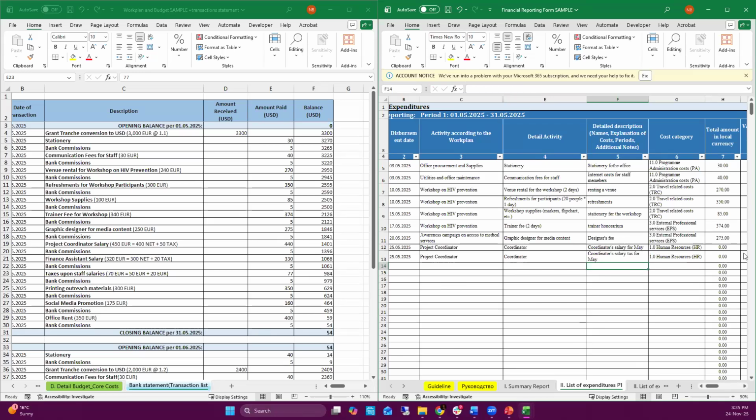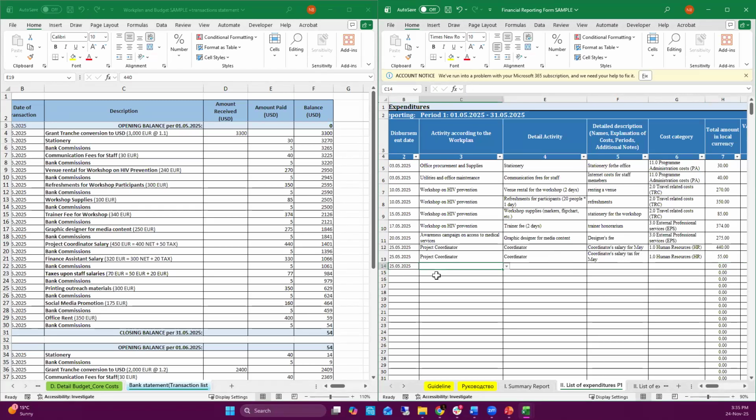And here we will put 440. Out of this transaction, we assign in the report the respective portion for the taxes of the coordinator. So if it was 50 euros, it will make 55 USD.